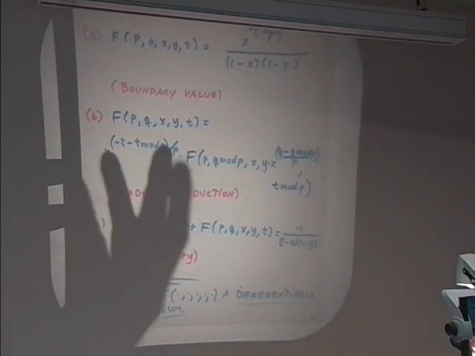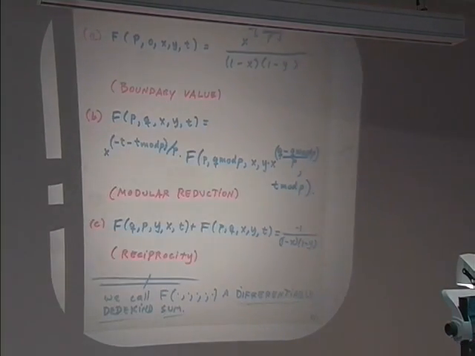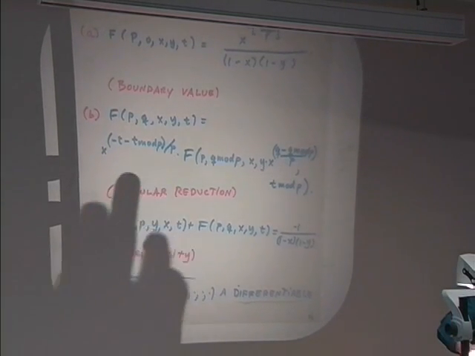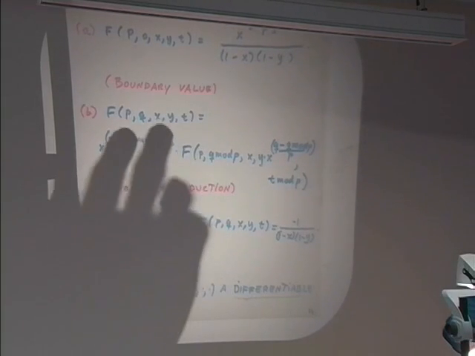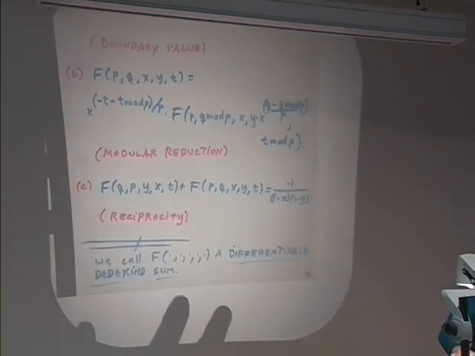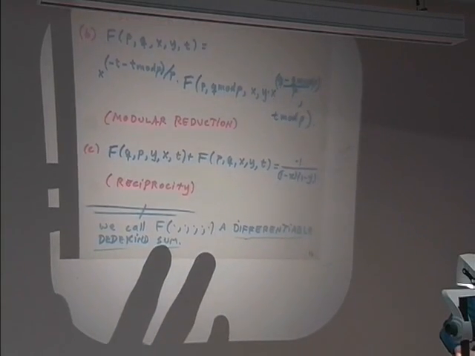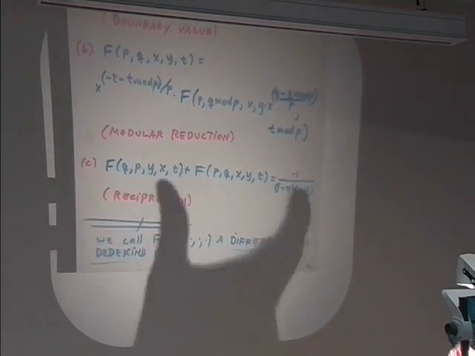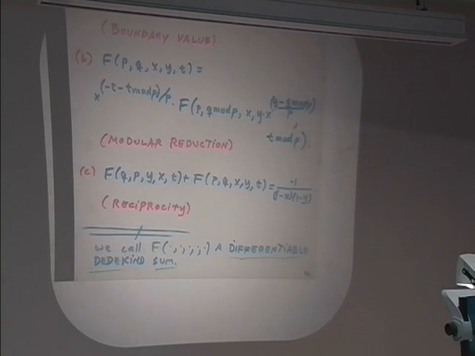Then you have to give the modular reduction property. So if I reduce T mod P and Q mod P simultaneously, if I reduce this one mod this one, I have to tell you what to do, and this tells you what to do. And then you have a reciprocity law, if you switch things, you have to tell what to do. And then putting these things together, it gives you exactly the GCD algorithm again. So it's linear time. So you go from exponential time to linear time.